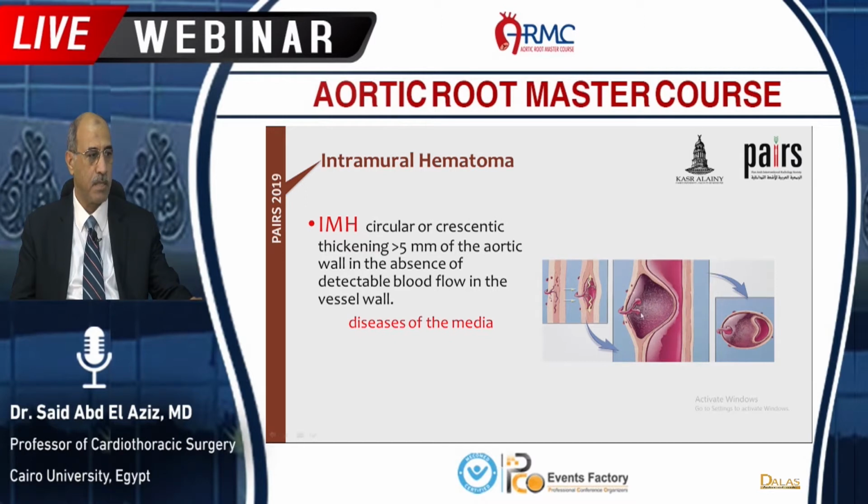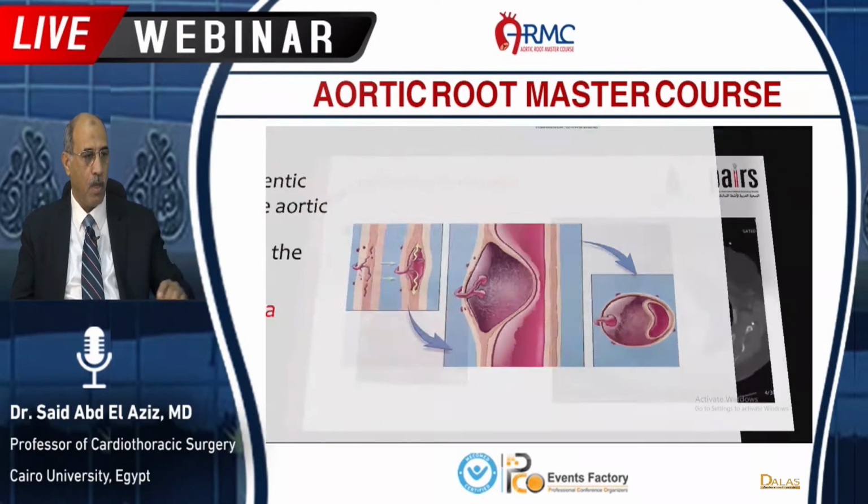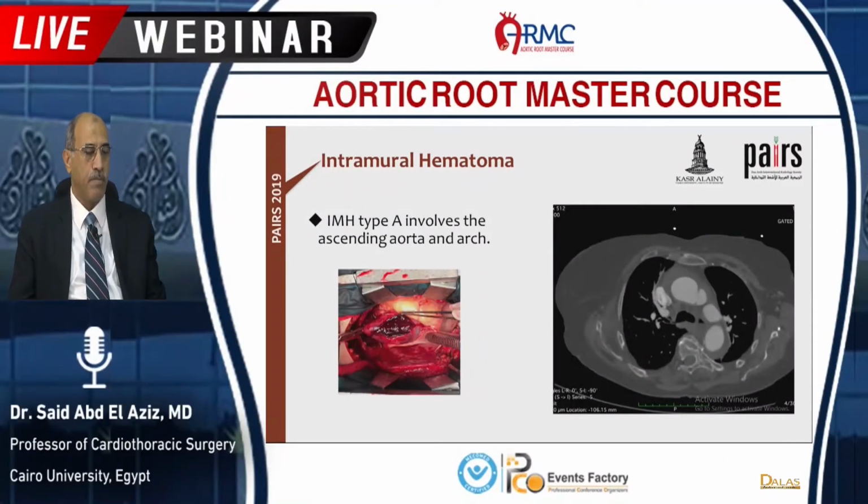Like we see here, there is an atheroma in the media, and there is a crack, and then the blood goes out, and this is what happens in the intramural hematoma. Intramural hematoma type A involves the ascending aorta, and type B involves the descending aorta.